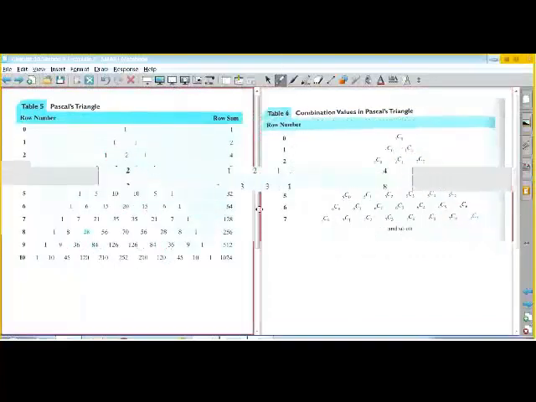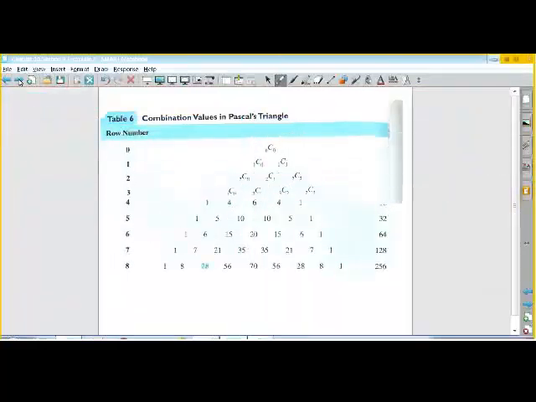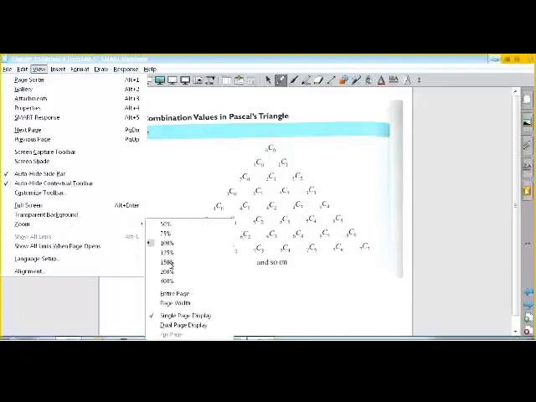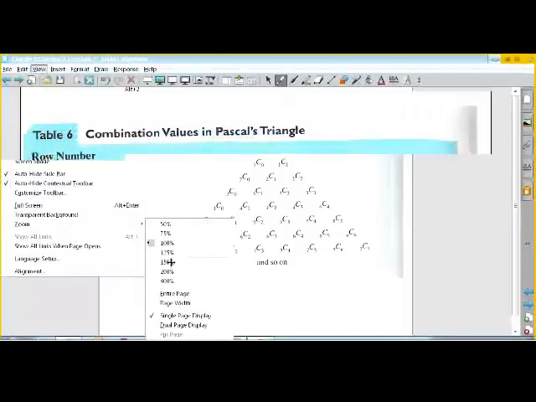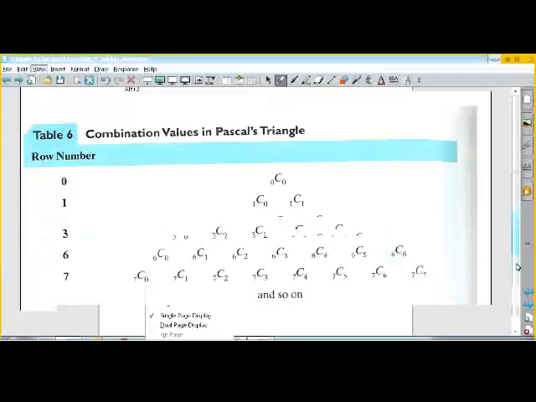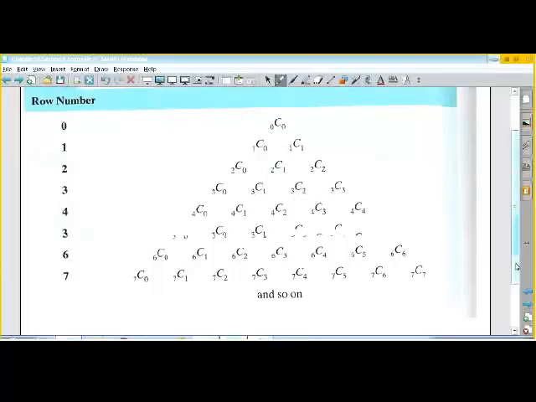What I've got over here, let me show this by itself. Wrong page here. There we go. And let me zoom in even further because it's hard to see out there. Okay, there. So I can also create this triangle where the first number is the row number. So this is row 4.